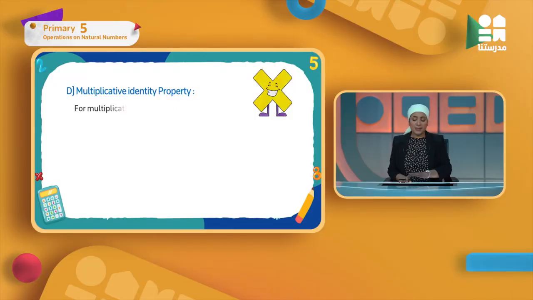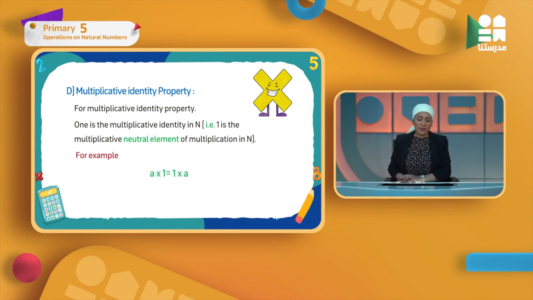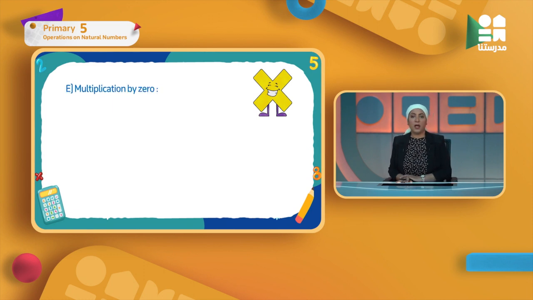In this case, it is 1. 1 is my neutral element for multiplication, because any number that I multiply by 1 stays as it is. It does not change. For example, A times 1 is the same as 1 times A. Again, my equal sign acts as a mirror. So here 7 times 1 is 7 and 1 times 7 is also 7. Both of them are equal.